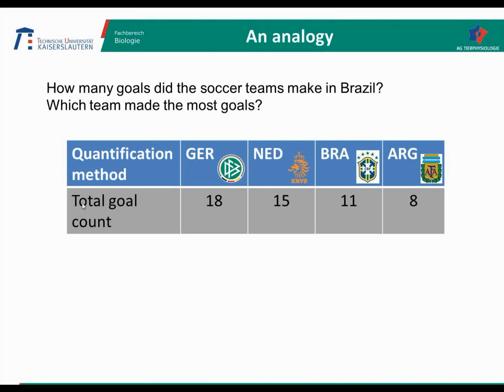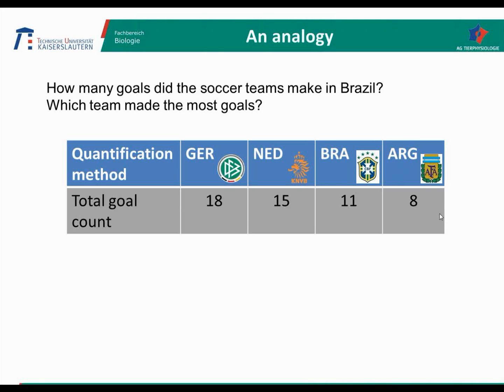To answer this, you can look it up in some tables. You see the total goal count: Germany was the top scorer with 18 goals. The second best were the Netherlands with 15, and so on, 11 and 8 for Brazil and Argentina. Now assume that we would not know this total goal count.